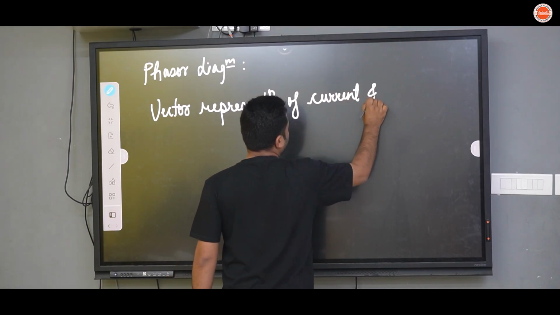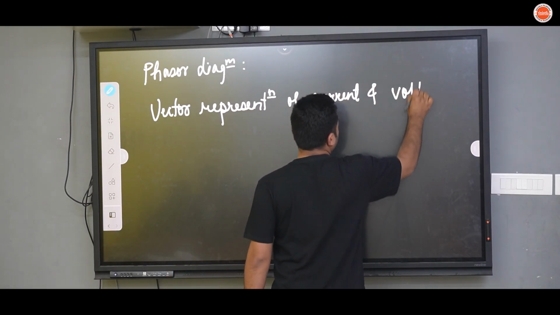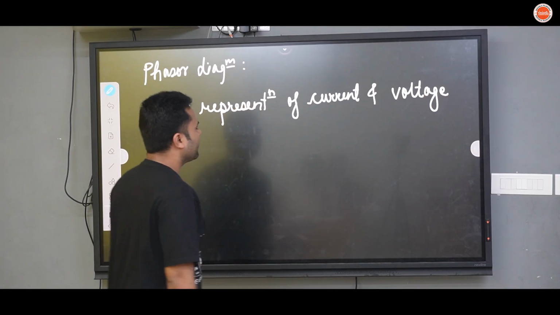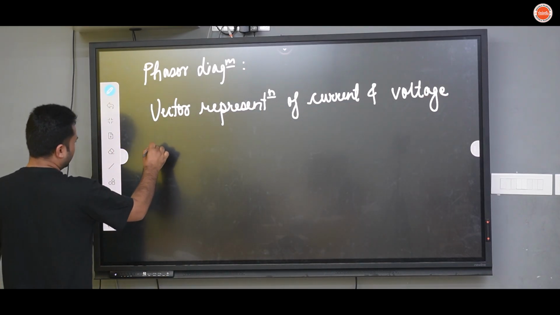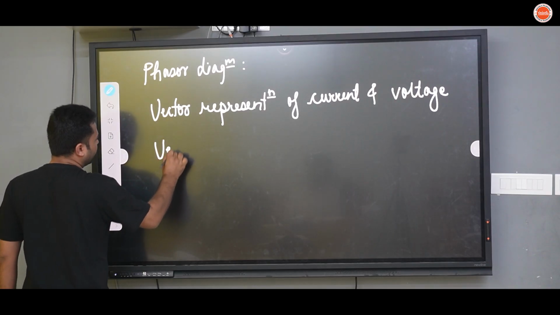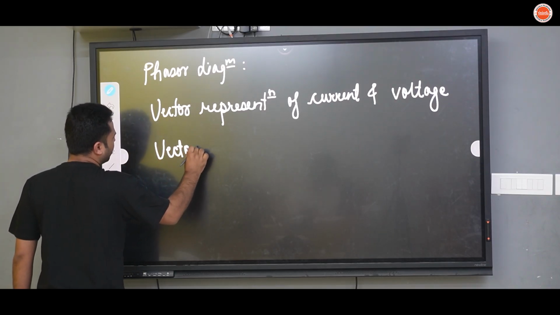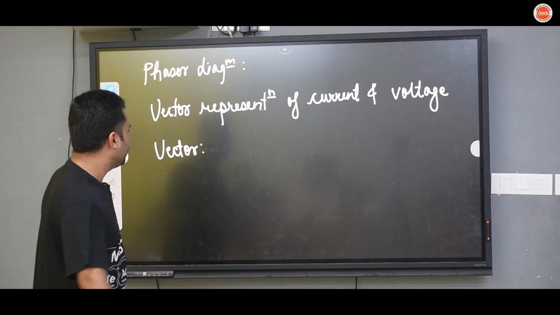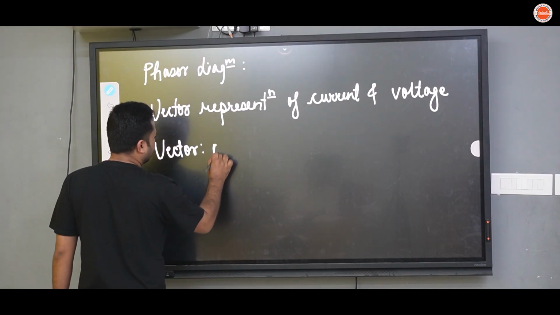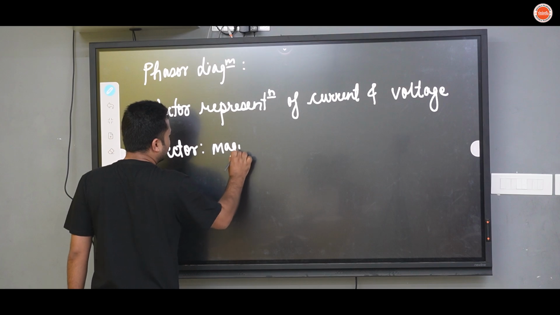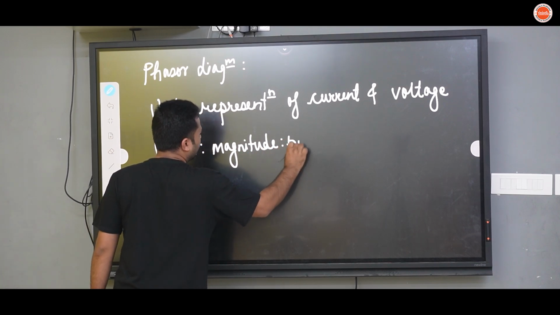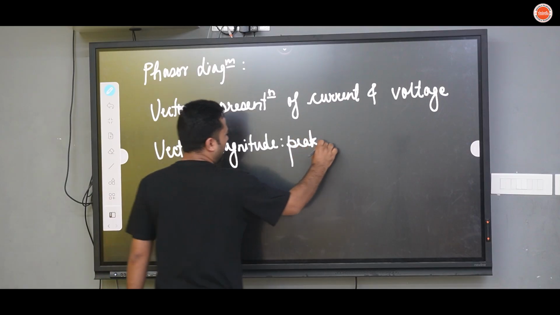Where vector has two things: one is magnitude and another is direction. So what will be the magnitude of this vector? Magnitude will be peak value. I will tell how to draw and all.